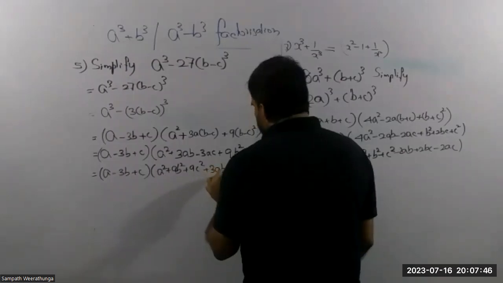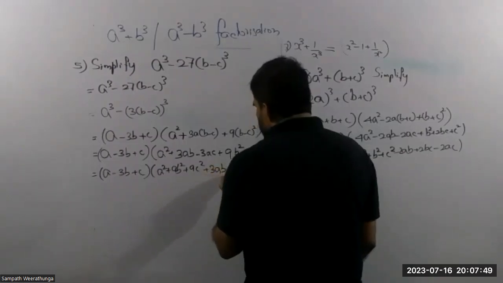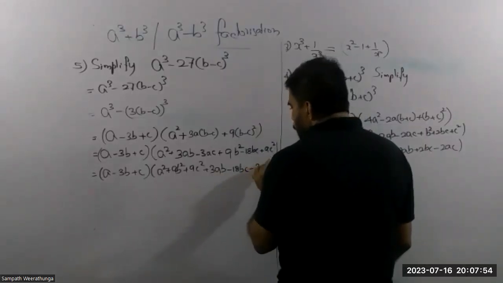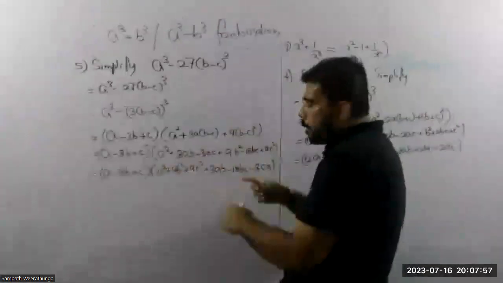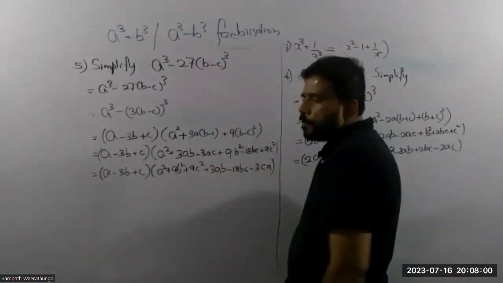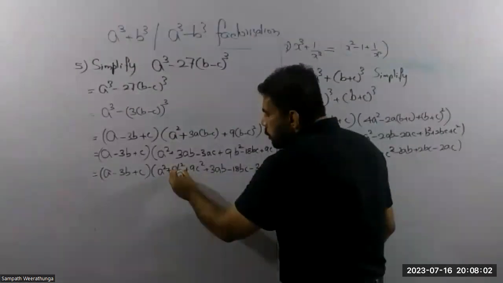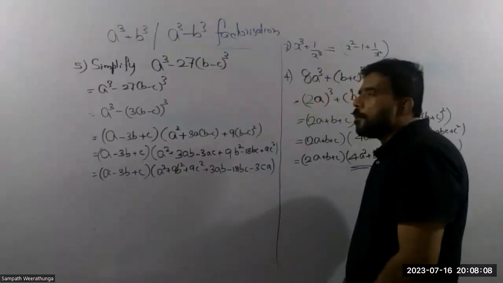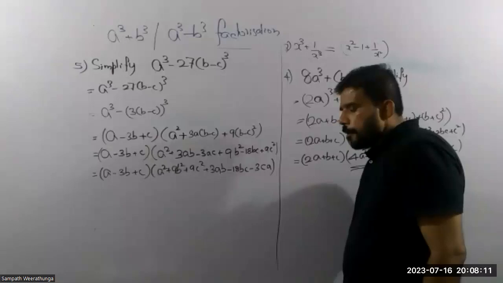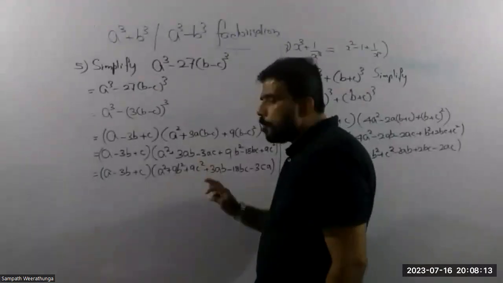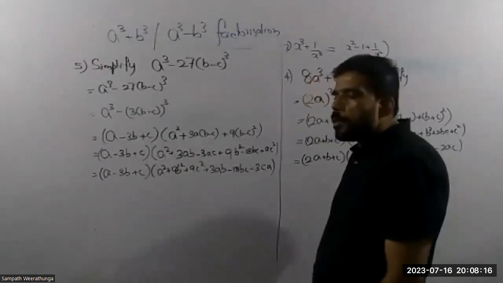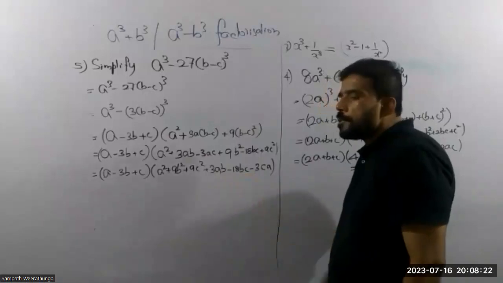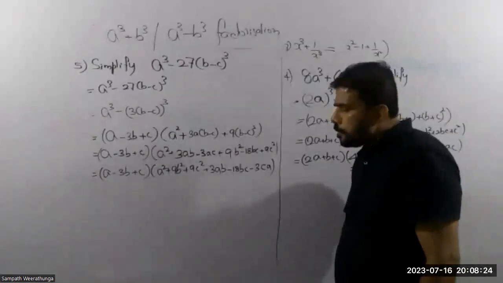Then 3ab minus 18 bc minus 3ca. So I'm writing in the cyclic way: ab, bc, ca. And a, b, c, this sort of thing is known as cyclic. Why? Because when we are dealing with vectors and some third order problems, trinomials, we are supposed to write in this manner so that we can easily understand the pattern, especially when dealing with vectors.